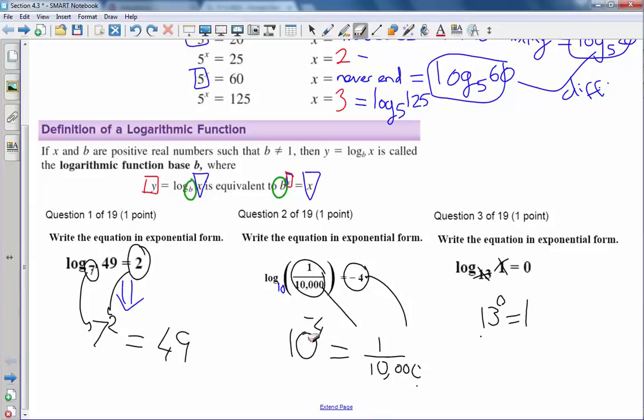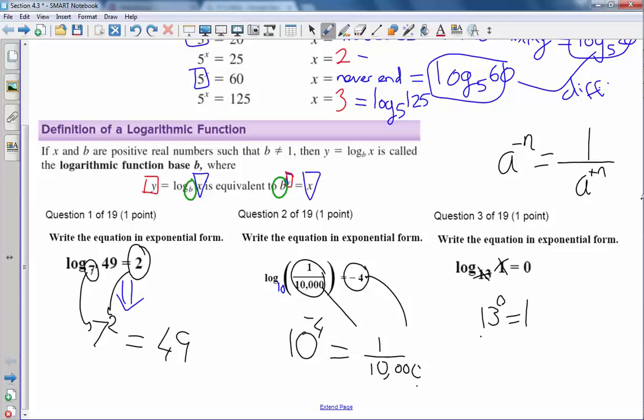Is 10 to the negative 4 really 1 over 10,000? Is it? This is a good review of a fact. If you have any number raised to a negative power, it's actually 1 over that base with the opposite, positive power.